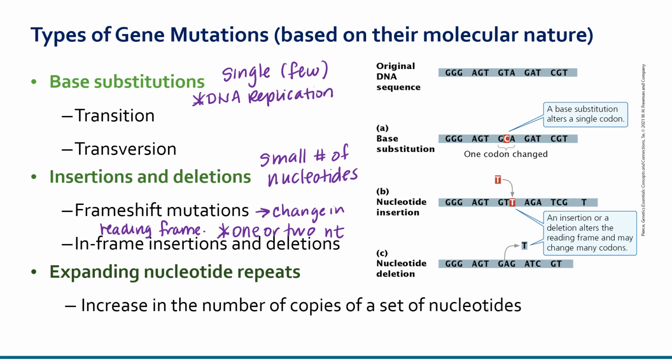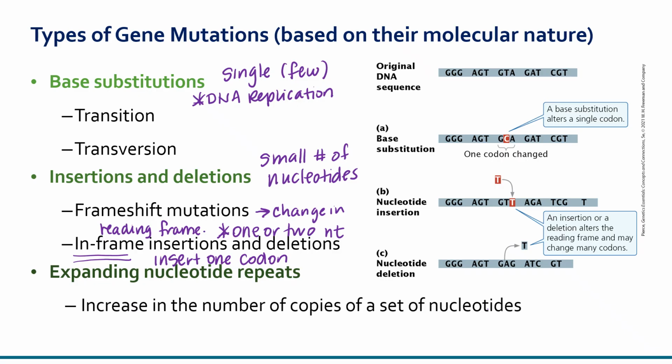If we insert 3 or a multiple of 3 or delete 3 or a multiple of 3, this is called an in-frame insertion. And what this means is that we insert one codon, so a whole triplet, but it doesn't cause a frame shift because we've just inserted 3. Yes, it does insert an additional amino acid, but everything around it or after it remains the same sequence. And then we've got expanding nucleotide repeats.